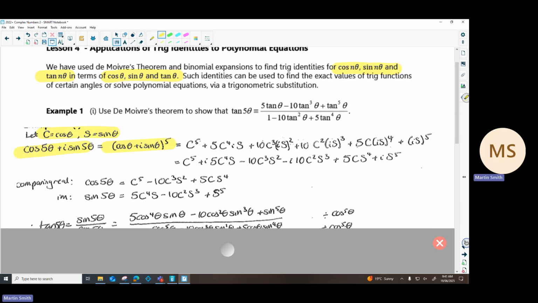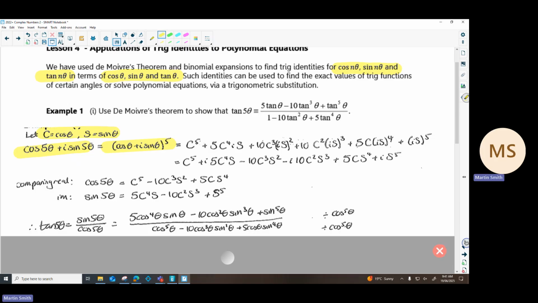Then to get an expression for tan 5 theta, you want to divide one by the other, sine 5 theta over cos 5 theta. So there is my expression for sine 5 theta over cos 5 theta, which I've rewritten in terms of sines and cosines: 5 cos to the 4 sine minus 10 cos squared sine cubed plus sine to the 5, divided by cos to the power 5 minus 10 cos cubed sine squared plus 5 cos sine to the 4.